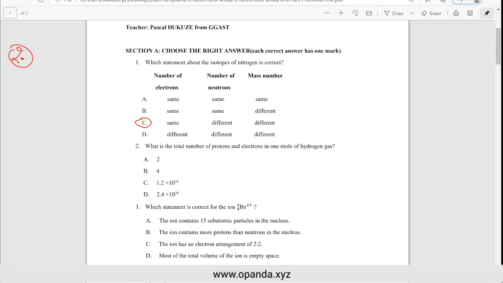Good. So for question number 2, we have Frank, who has suggested D, and Aline, who has suggested C.